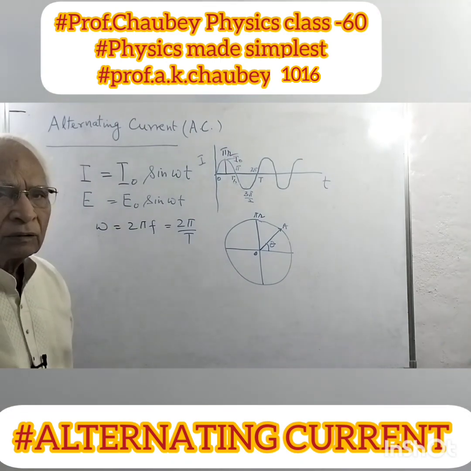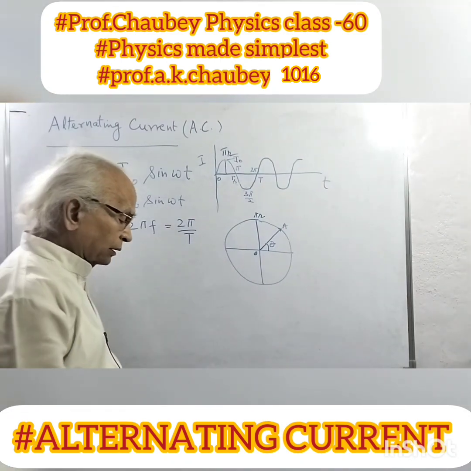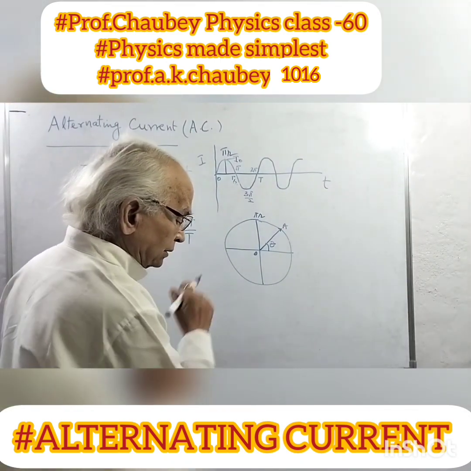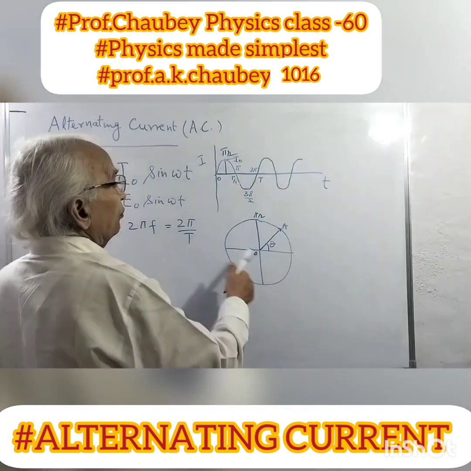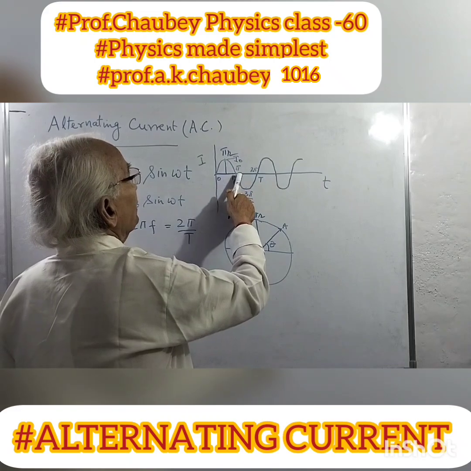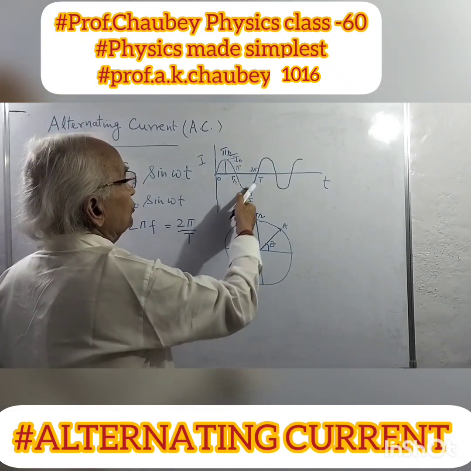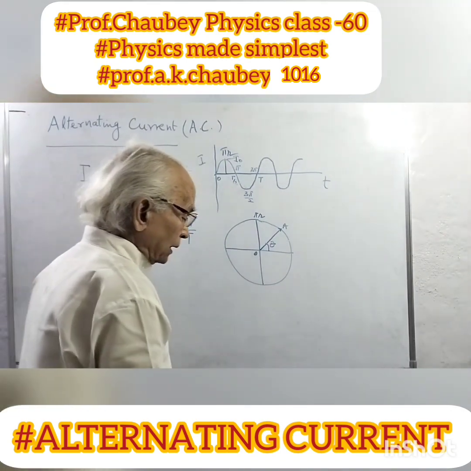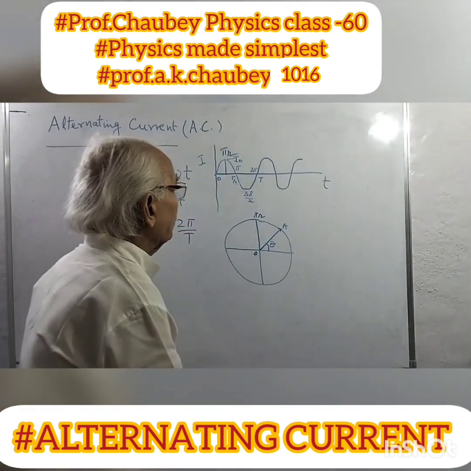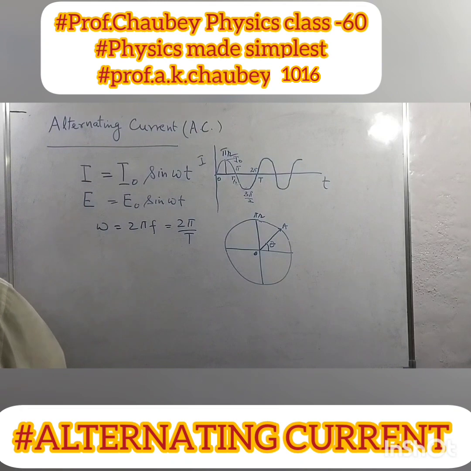So alternating currents and alternating potentials are represented in this way: from 0 to pi, current is in one direction, and from pi to 2 pi, current is in the opposite direction. That is the representation of alternating current or alternating potentials.